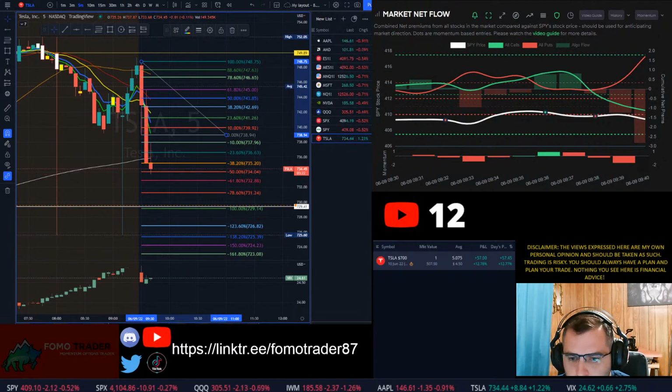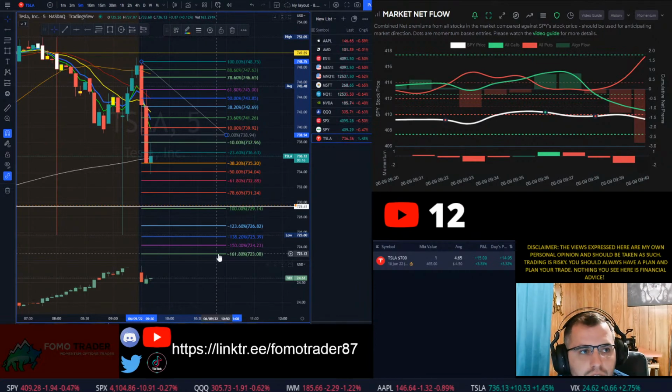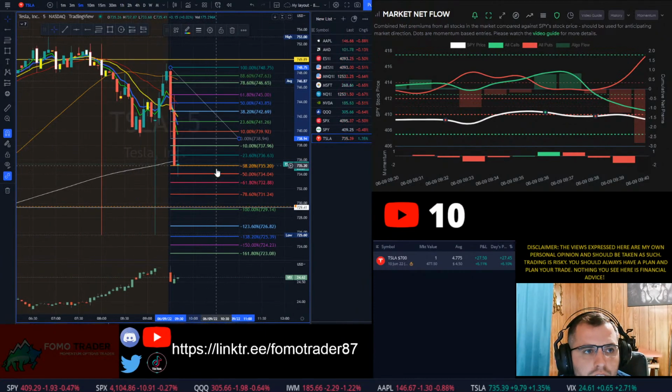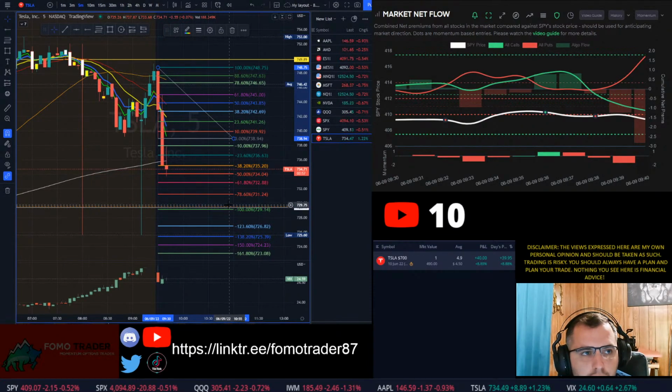We are currently up about 13%. Tesla moves really, really fast. We're looking for a flush down under this 200 MA. We're looking for it to lose support here. So I currently have a sell set for 550, which would be $100 profit on this one contract.